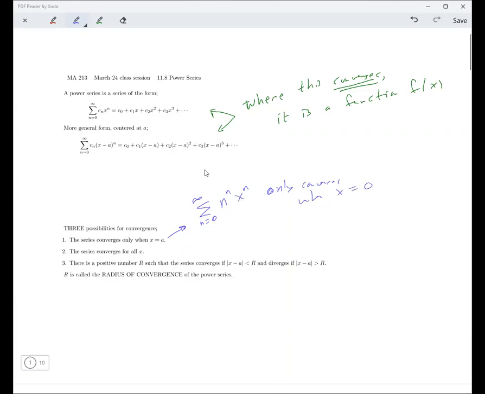In this case, a equals 0, because this is kind of like x minus 0.